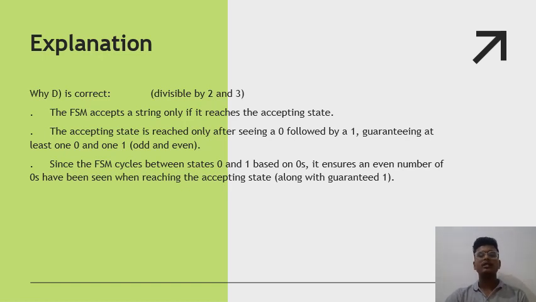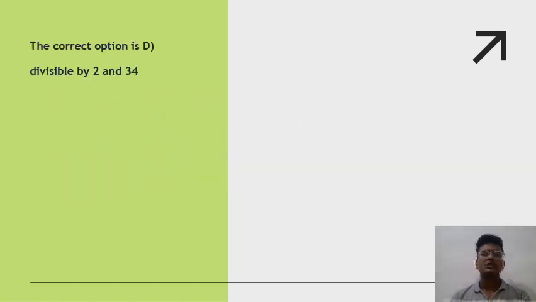Since the FSM cycles between states 0 and 1 based on zeros, it ensures that an even number of zeros and ones have been seen when reaching the accepting state, along with the guaranteed one. So we can state that the correct option is D, divisible by 2 and 3.